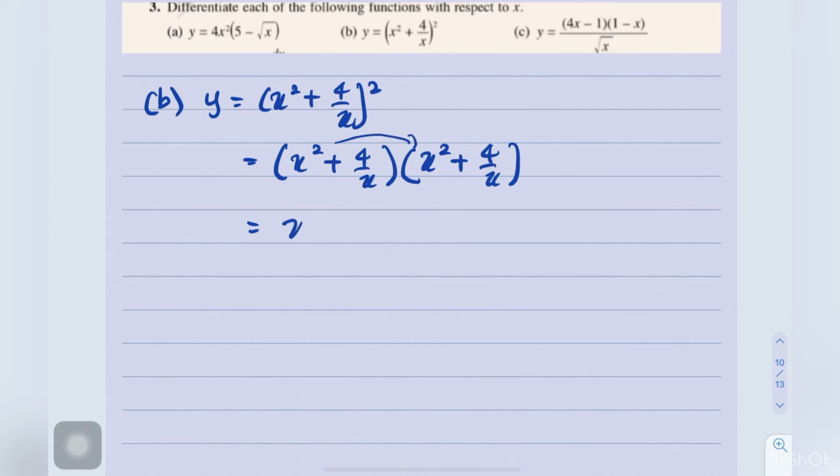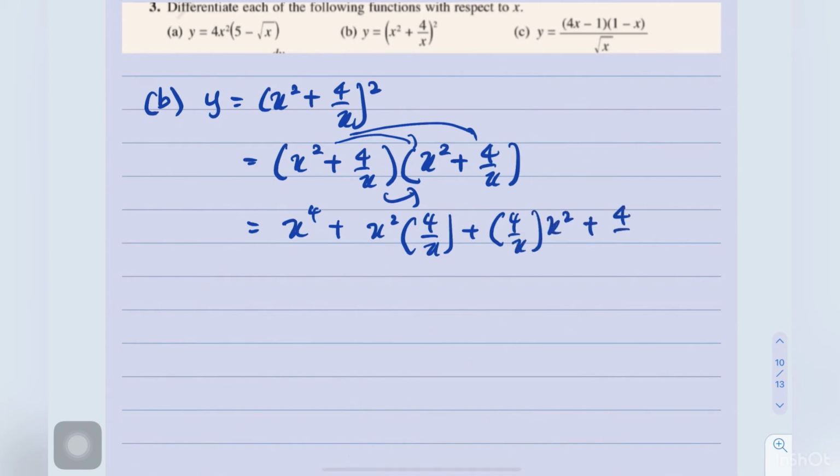Here we have x^4 plus x squared times 4 over x, plus 4 over x times x squared, plus 4 over x times 4 over x.